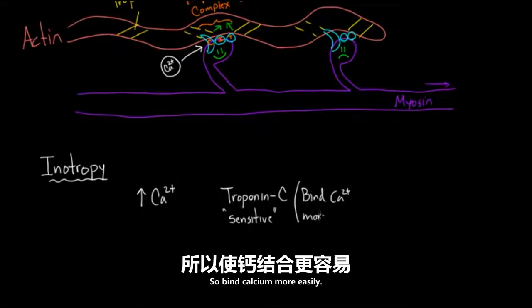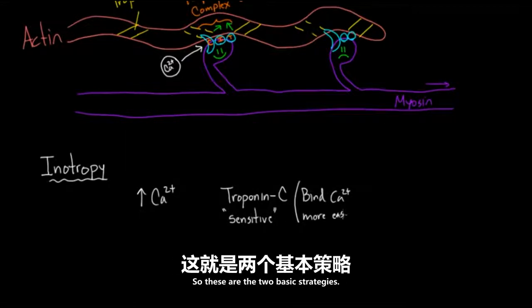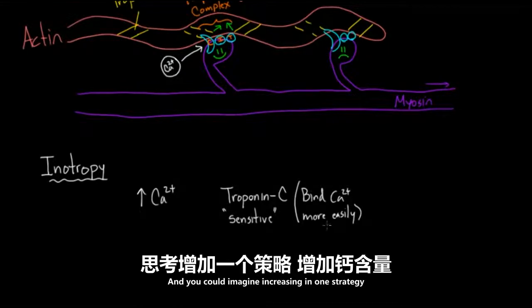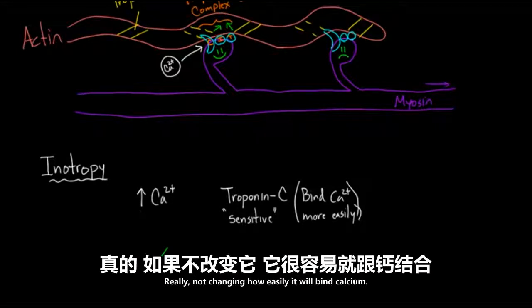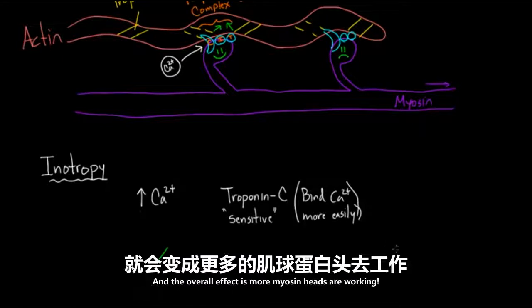So bind calcium more easily. So these are the 2 basic strategies, and you can imagine increasing in one strategy, increasing the calcium, but leaving the sensitivity of troponin C the same, really not changing how easily it will bind calcium, and the overall effect is more myosin heads are working.